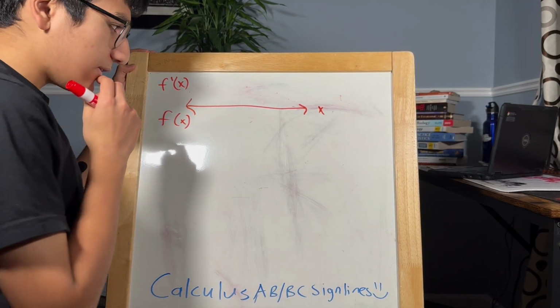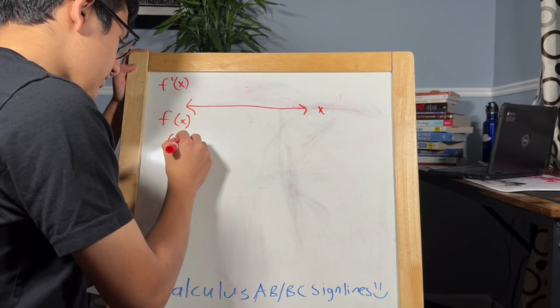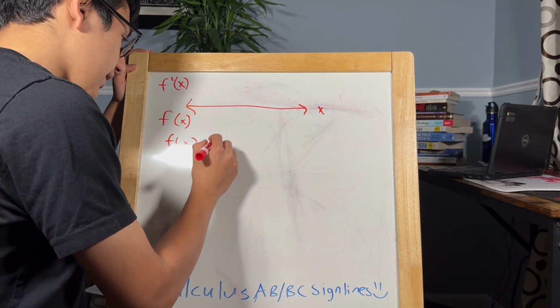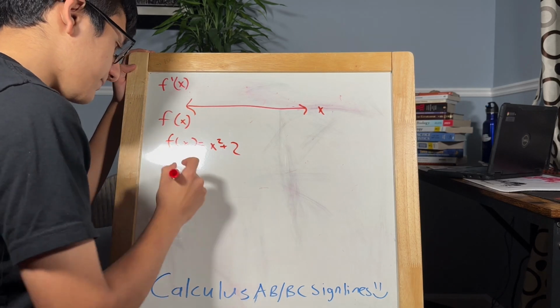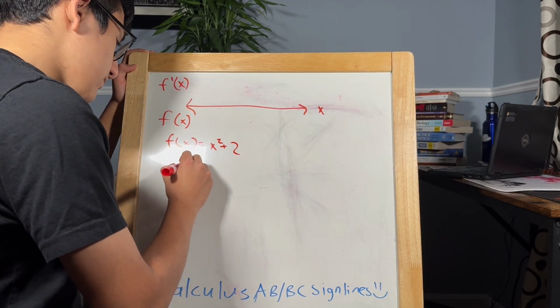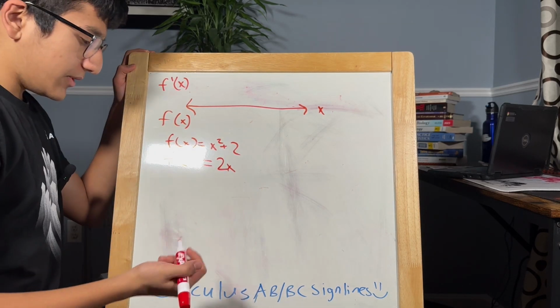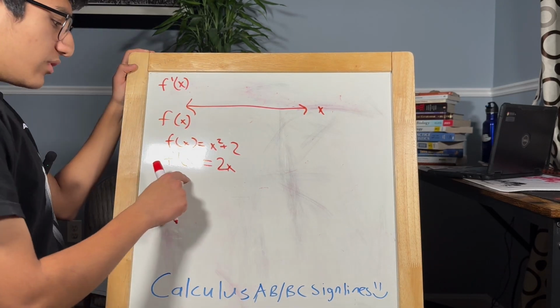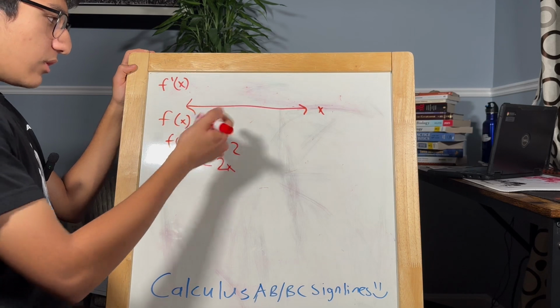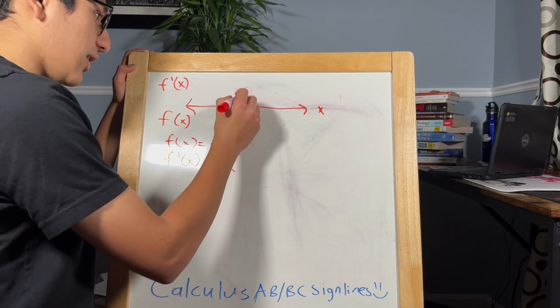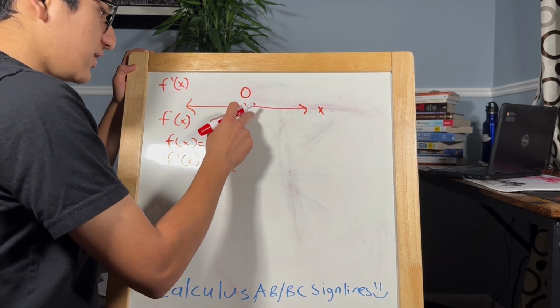Let's do f of x is equal to x squared plus 2, right? That means the derivative is 2x, right? So now, when would f prime of x be 0? Well, we know 0, obviously. So this would be 0 right here.